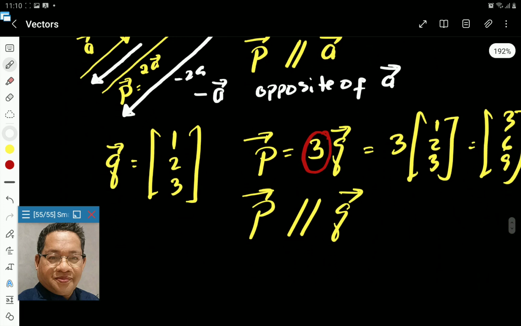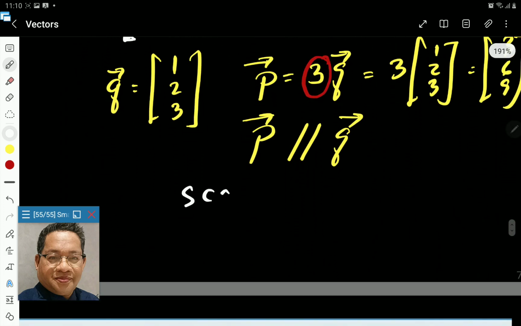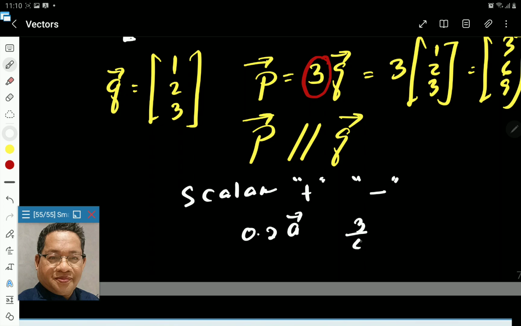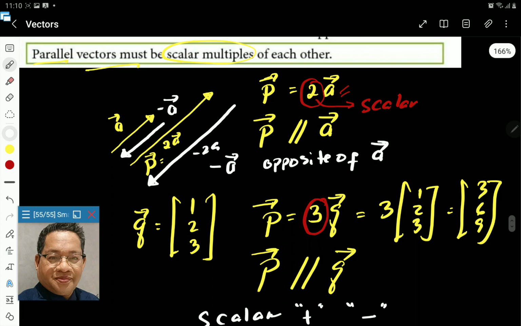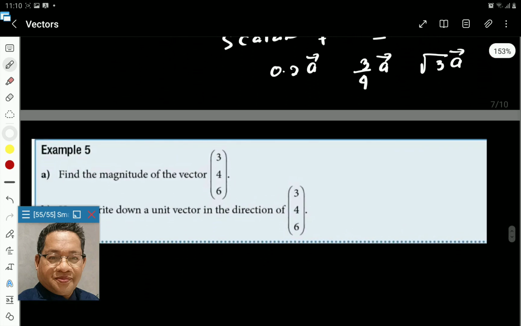So meaning to say the scalar can be a positive number, can be a negative number, it can be a decimal, let's say 0.2 times vector A, or it can be a fraction, 3/4 of vector A. Alright, it can also be a radical, the square root of 3 times vector A. Okay, so that's what you mean by parallel vectors. They are vectors which have the same direction.